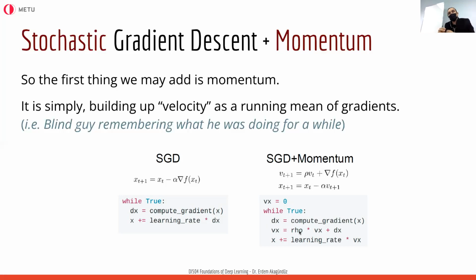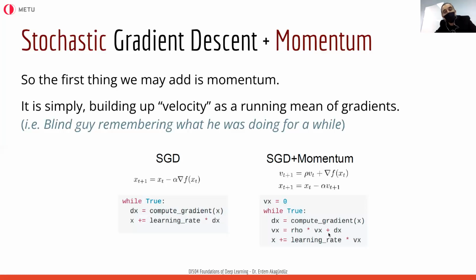So it is like you are looking at your previous speed and taking a running average of it. This new speed updates your previous speed, but you are having a running average out of it. That's called the momentum. So instead of this formula, you compute the gradients, but you don't update the parameters directly with this gradient.